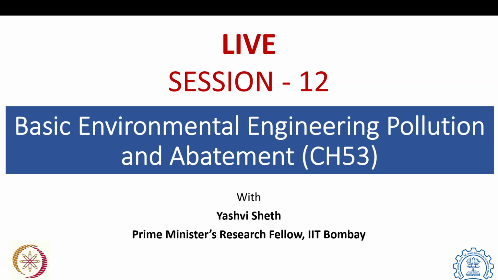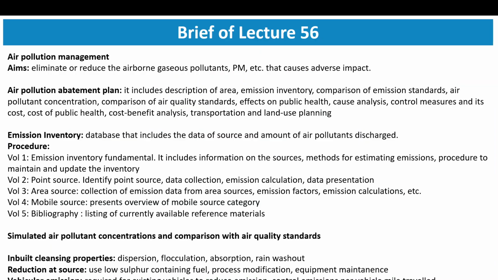So, starting with the air quality management and air pollution management. Here our aim is to eliminate or reduce the airborne gaseous pollutant, particulate matter, and any sort of other toxic contaminants which are found to cause adverse impacts.